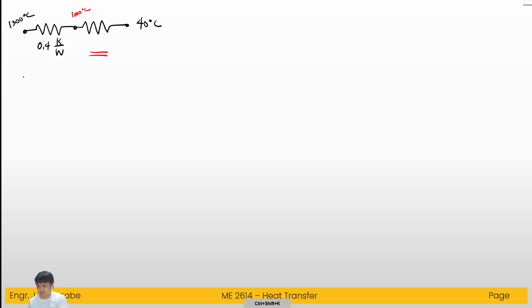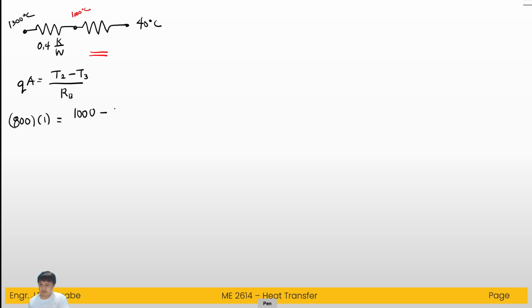So to solve for that, Q is equal to, or QA is equal to T2 minus T3 over RB, no? So RB. So the Q here is 800, and then 1 as area, 1 square meter. And then T2 is 1000 minus T3.